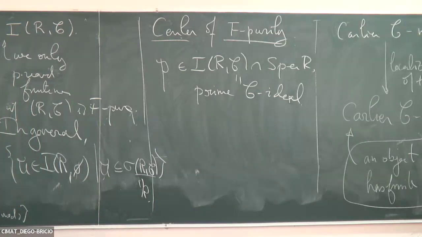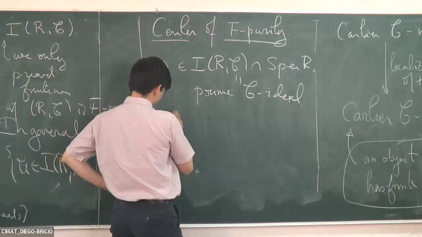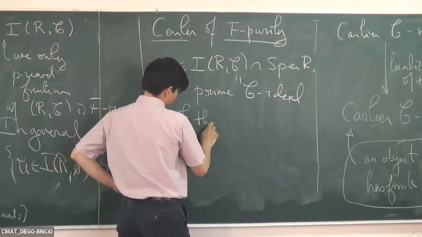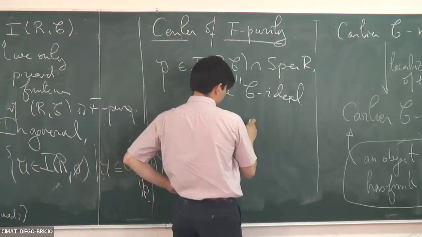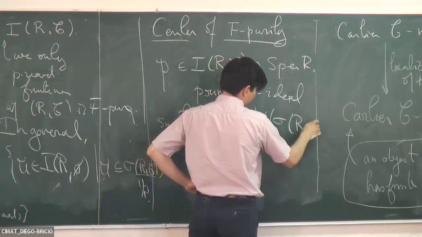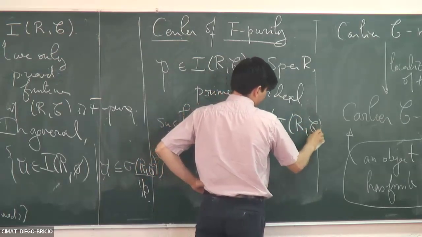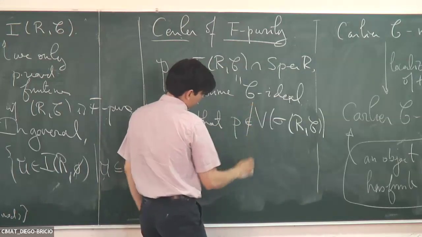What is the condition to be a center of purity? P has to avoid the locus cut out by sigma. So what does that mean?